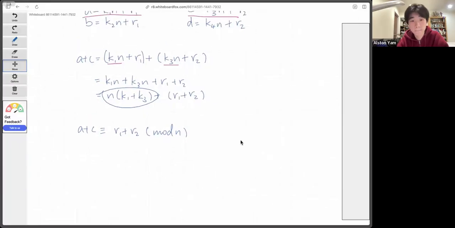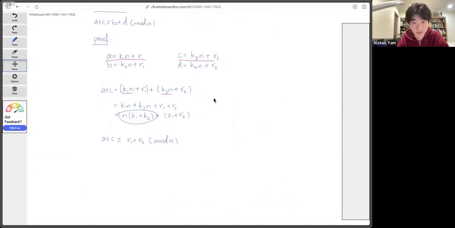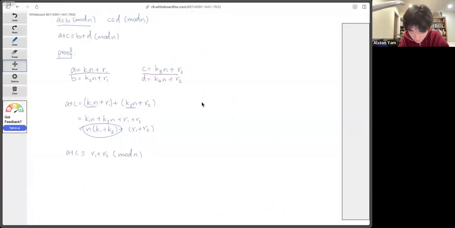And in a similar way, let's have a look at B plus D. B plus D is equal to K2n plus R1 plus K4n plus R2.